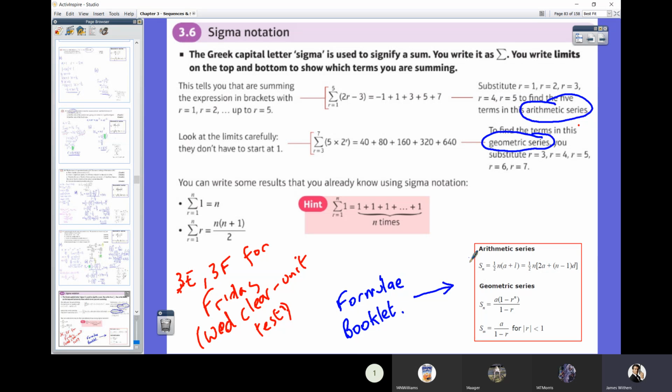So basically, 3E is what we were doing yesterday. 3F is going to be what we're looking at today. The deadline for both of these exercises, please, is next Friday. On Friday, we'll carry on and look at recurrence relations. We're not a million miles off the end of the chapter. I think there's another small bit and then some modelling and then the end of the chapter.